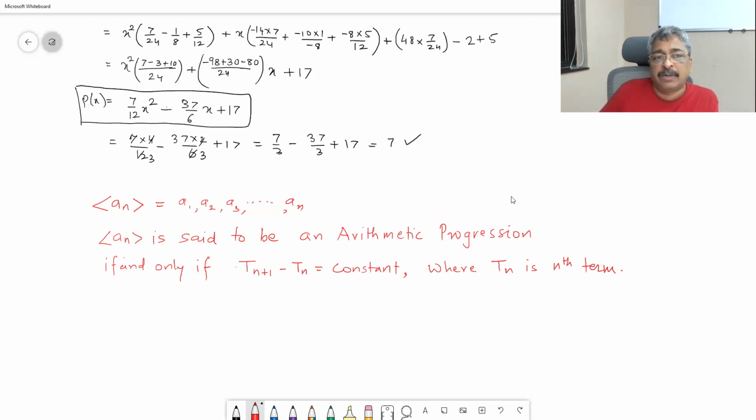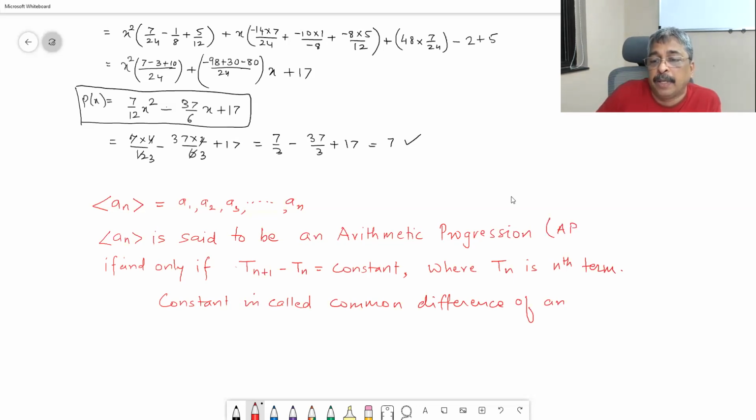This is the basic definition of arithmetic progression. You might all be aware of that. The constant is known as the common difference of an AP.